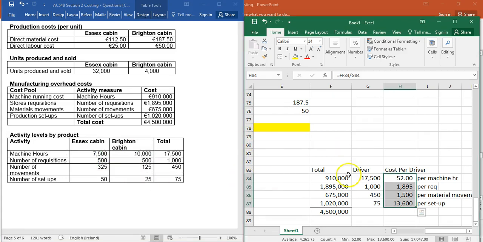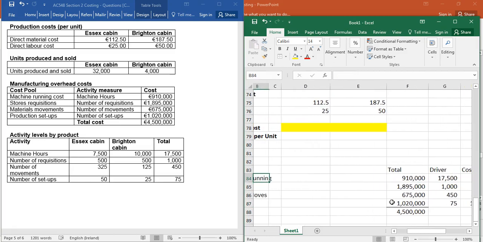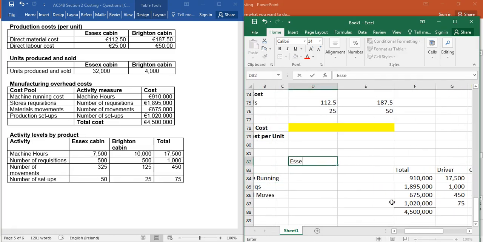So you start off on the total and get a cost per driver, which is useful in its own regard in terms of managing activities. But then we take for Essex and Brighton. So I'll just open up this in a second, bring it over a bit.